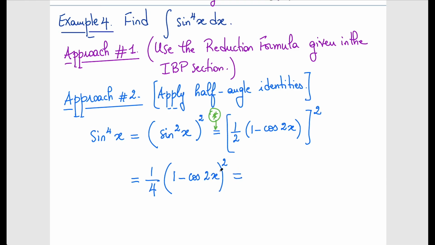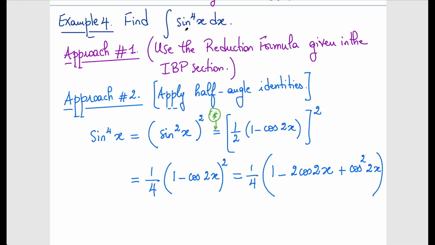And how do you square a difference? You square, let's say, the first one, so 1 squared is 1, minus twice the product, so minus twice cosine 2x, plus the square of cosine 2x, correct? So we get this. So sine to power 4x is at the end of the day this guy, okay?